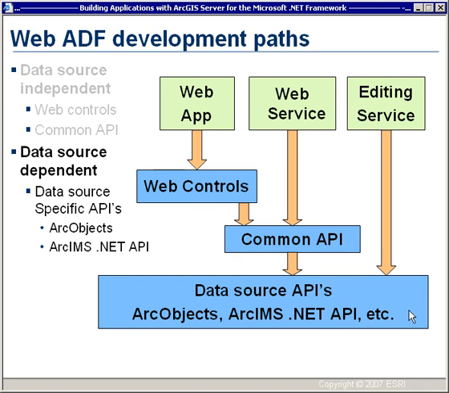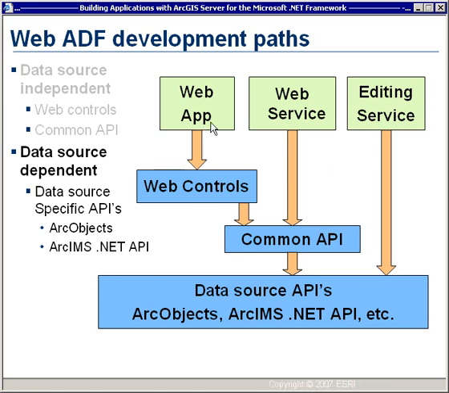So in that case, you'd work with the data source specific API in the Web ADF. And that'll get you to things like ArcObjects and the ArcIMS .NET API. So you can work at any of these different levels in the Web ADF. And these examples are just giving you an idea of what parts of the Web ADF you might use in these applications.